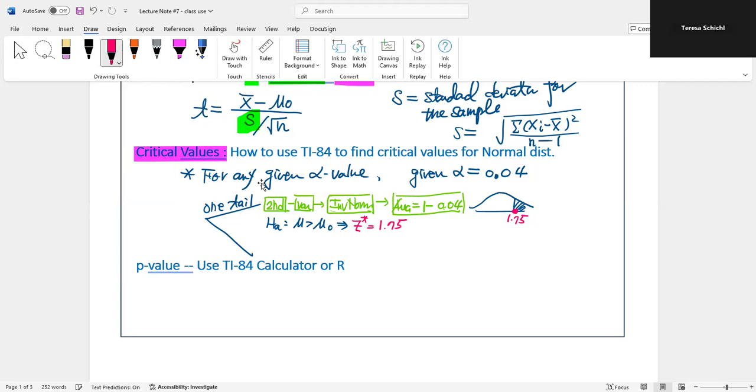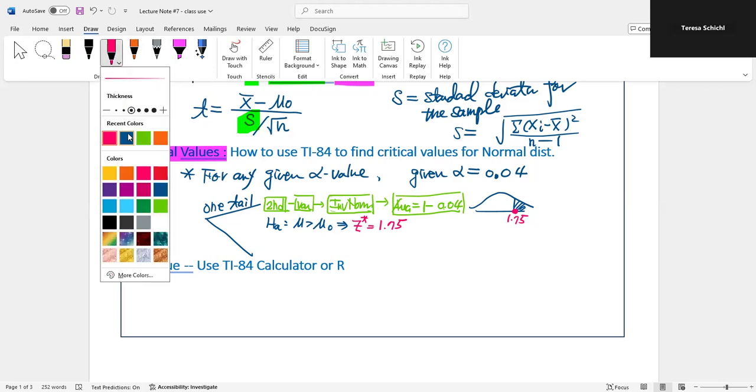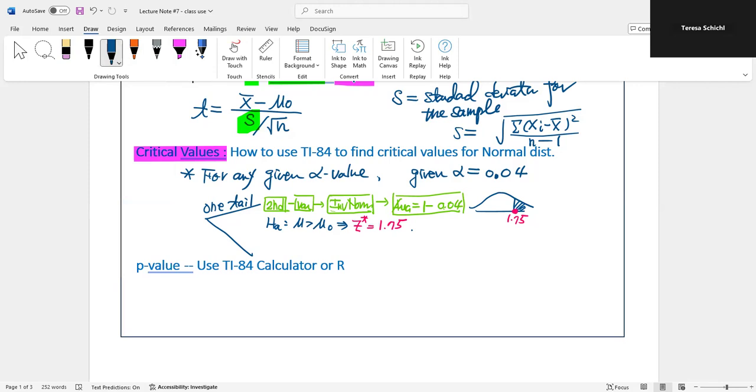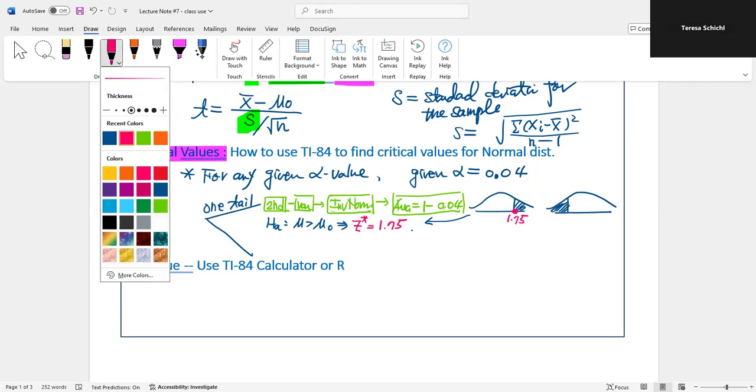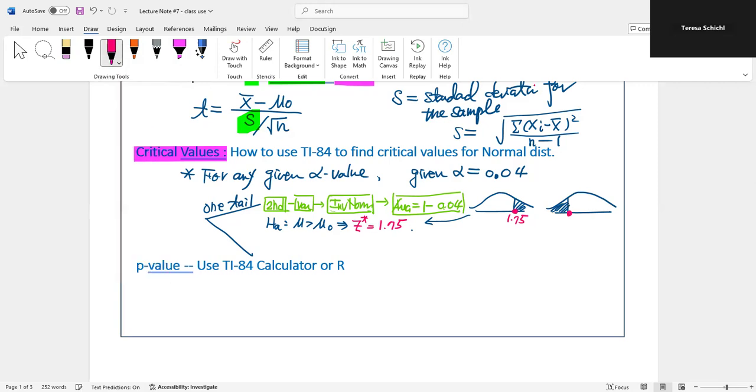Now how about if your alternative hypothesis goes the other way? If you have the other one-tail test, the smaller-than case, then your critical value will be negative 1.75 because it's on the left-hand side.